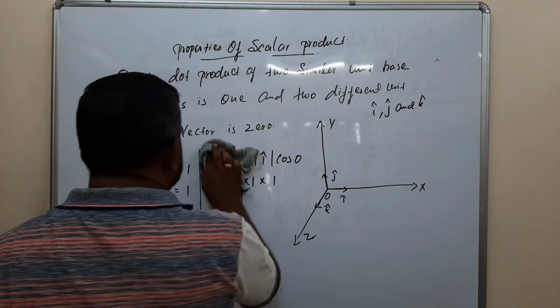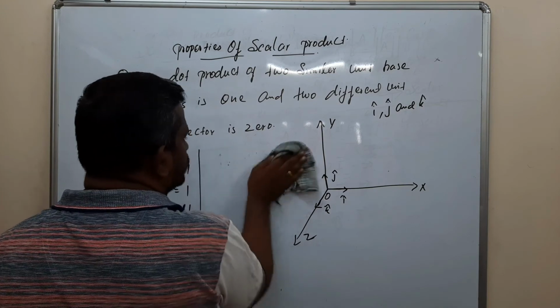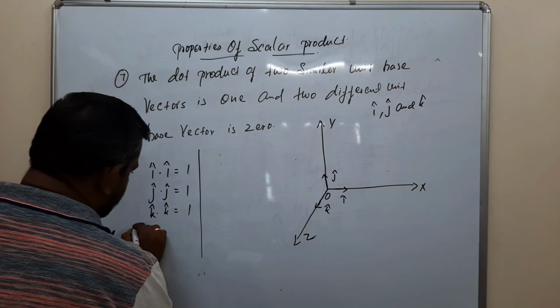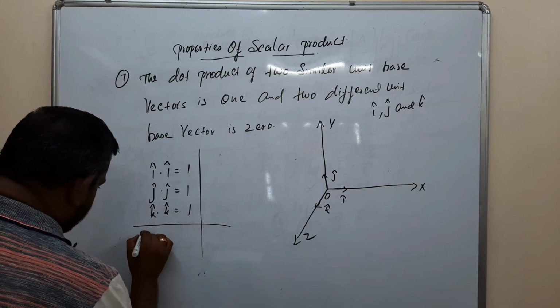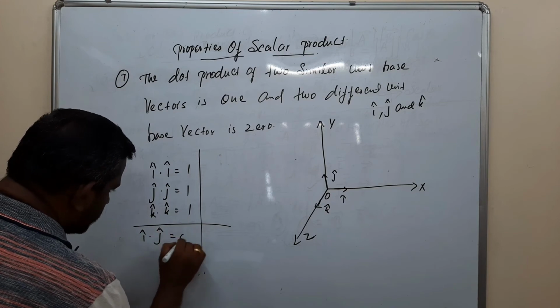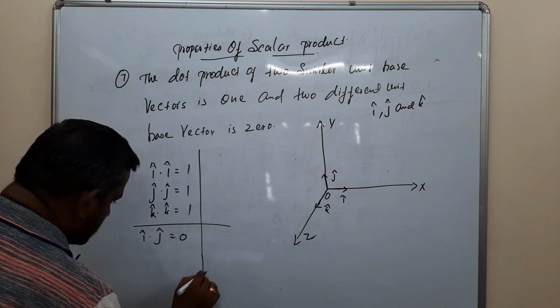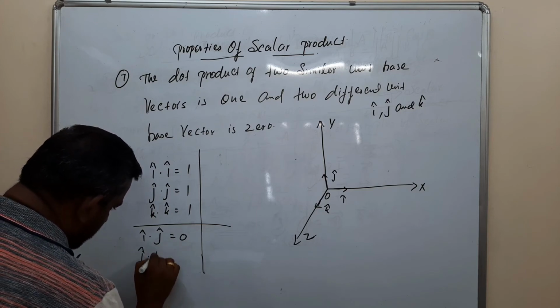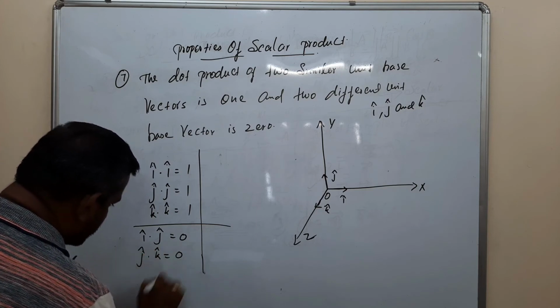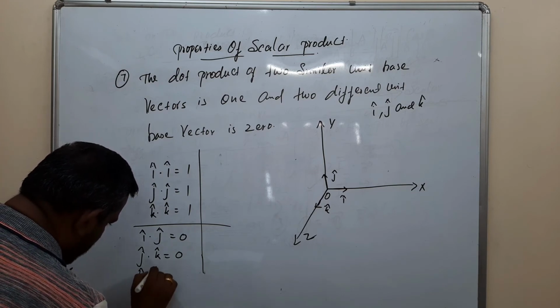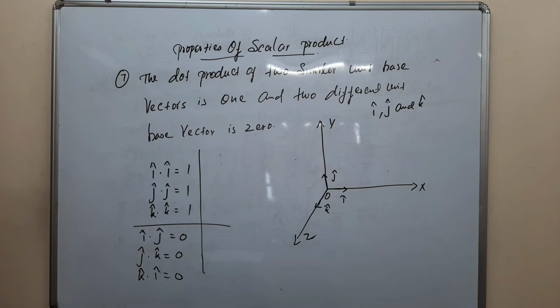And for two dissimilar or different unit vectors, i cap dot j cap is equal to 0, j cap dot k cap is equal to 0, k cap dot i cap is equal to 0. Clear?